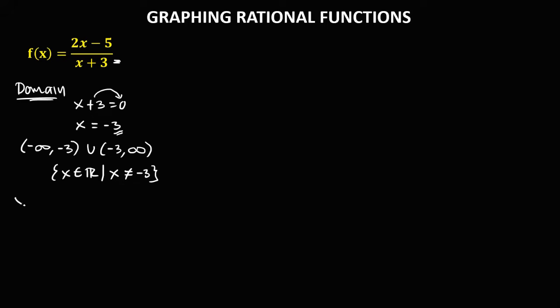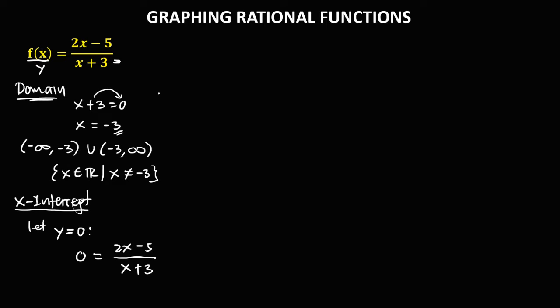Then to solve for the x-intercept, we let y equal 0, and from the given equation, f of x is the same as y. So this equation becomes 0 equals 2x minus 5 over x plus 3.